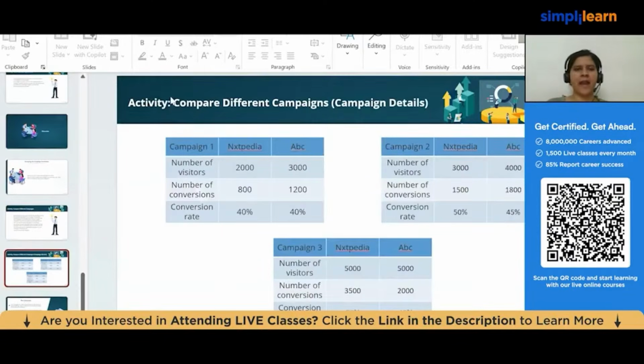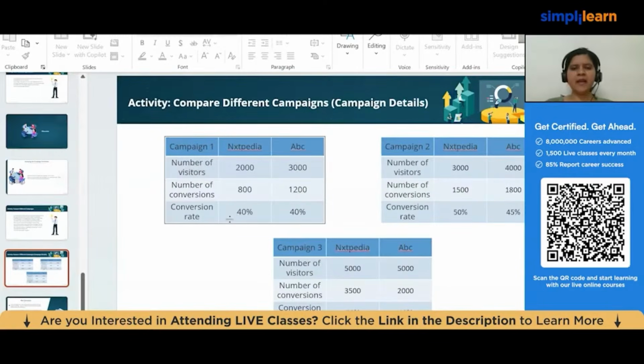So, activity: compare different campaigns. This is basically your competitors' numbers, Expedia, ABC, whatever it is. With this data, you just have to see the numbers and do a comparison. For example, let's see campaign 1. Which one is better? What do you think, guys? This is the number of conversions they have got, and this is the number of visitors they have got.